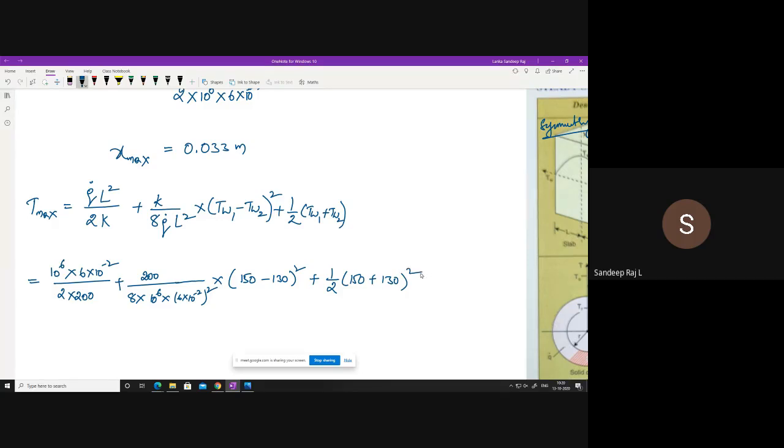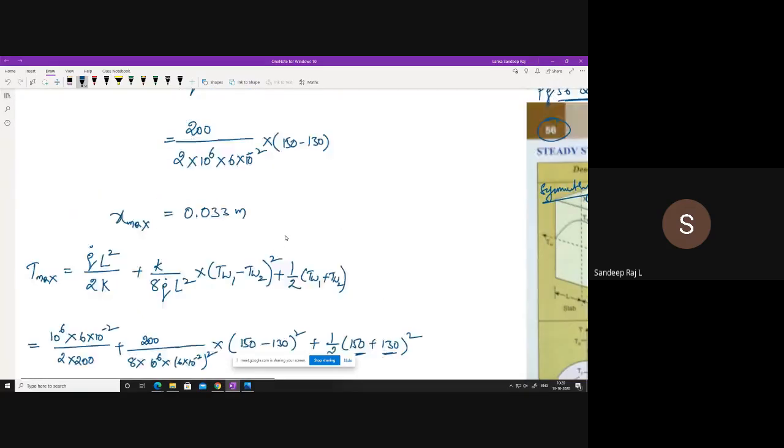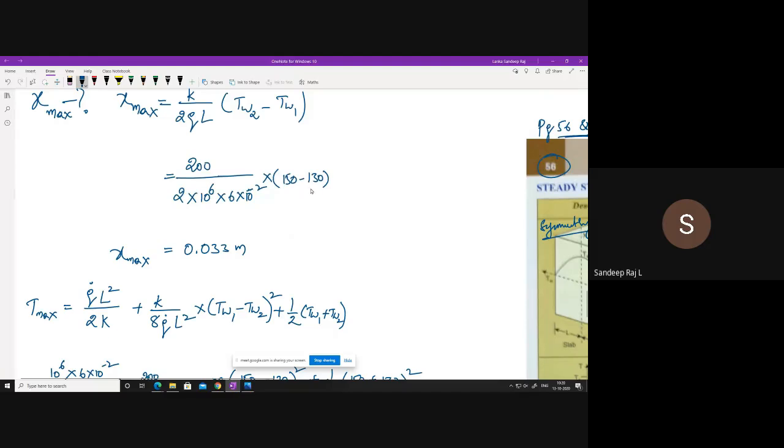Check the values of 150 and 130, whether they are taken in degree centigrade or Kelvin, it matters to you. In the difference term, whether degree centigrade or Kelvin doesn't matter.